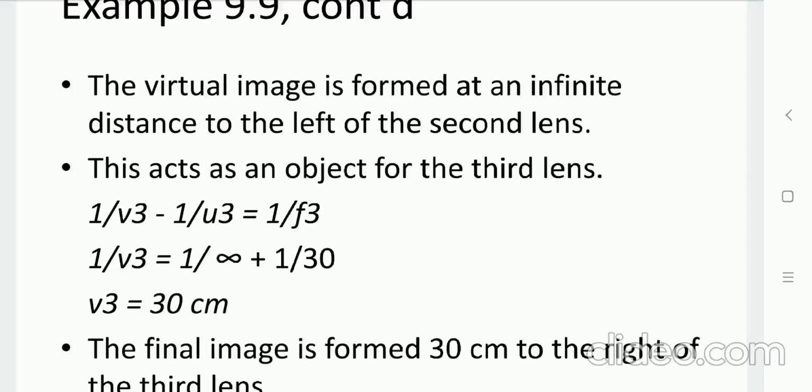F3 equals plus 13, the focal length given for the third lens. From that equation we get V3 equal to 30 centimeter. So we can say that the final image is formed at 30 centimeter to the right of the third lens.